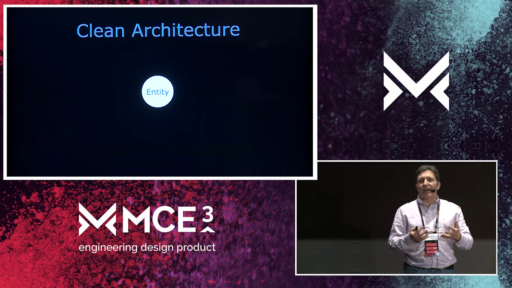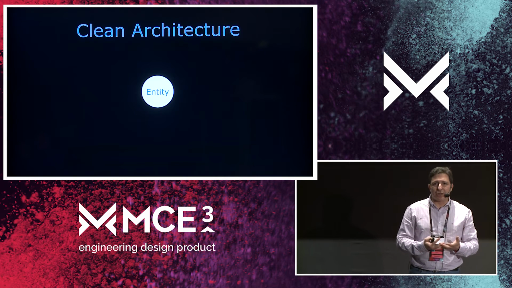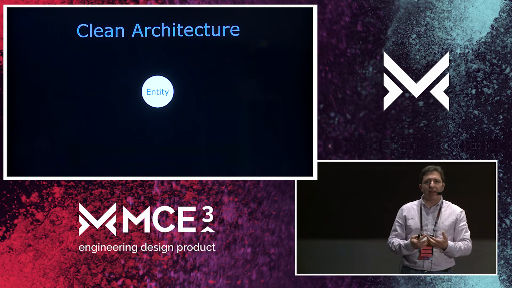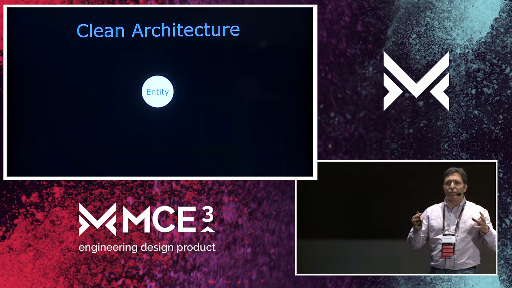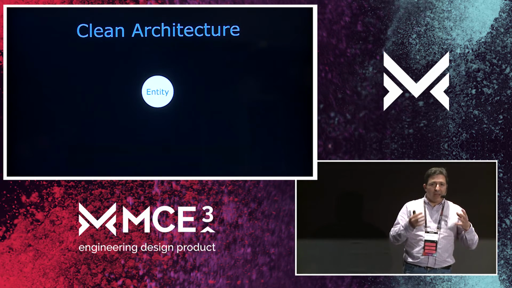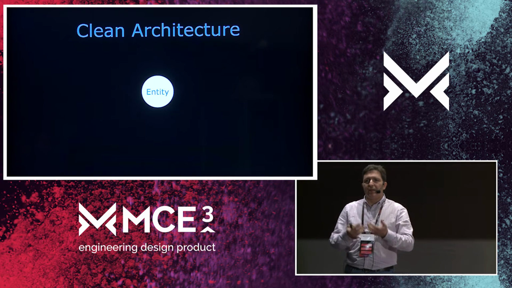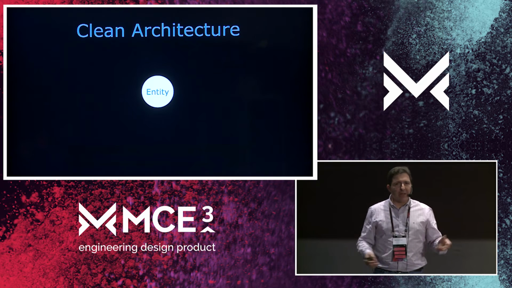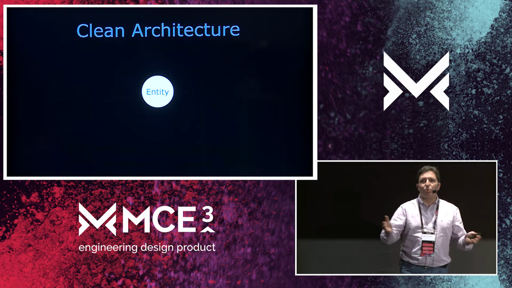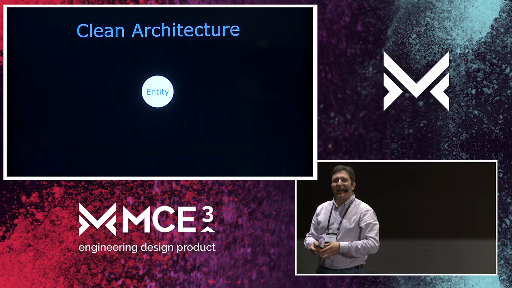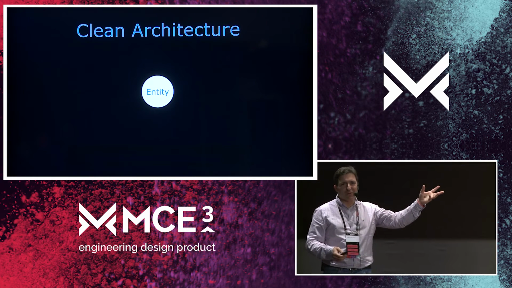Well, Uncle Bob's proposal is to use clean architecture, and it is all based around entities. Entities are any structure, any data value type that you use to define the data that is addressed by your application. So if you have a to-do list, the application that everybody in this room has created already, a task would be one of those entities.